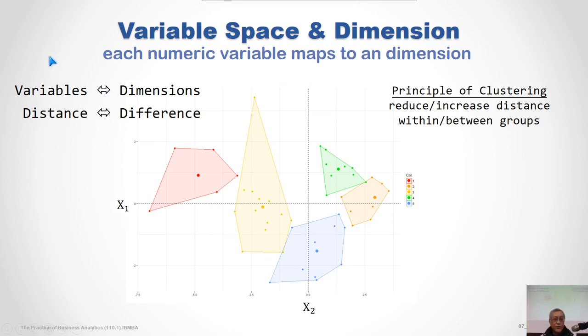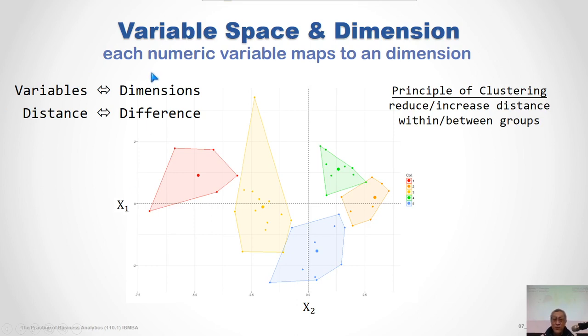So I have two numeric variables x1 and x2. The way that I can do clustering is I try to map the subjects into a variable space. I use x1 as the x coordinate and x2 as the y coordinate. Therefore, every subject will be projected into a point in this variable space.